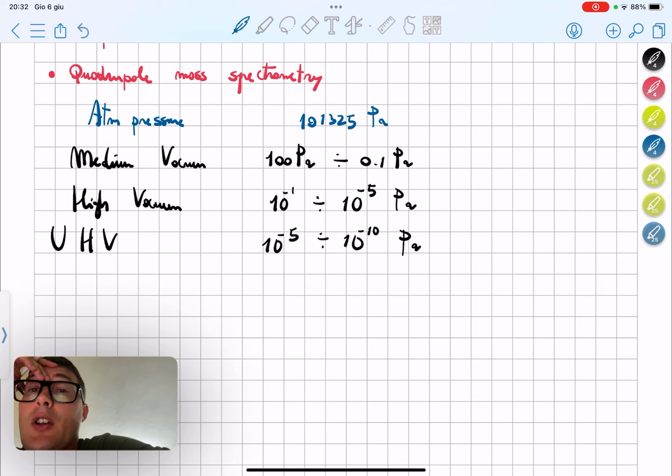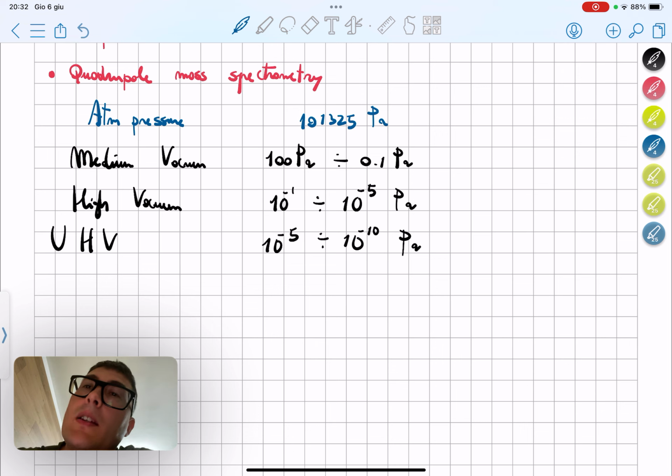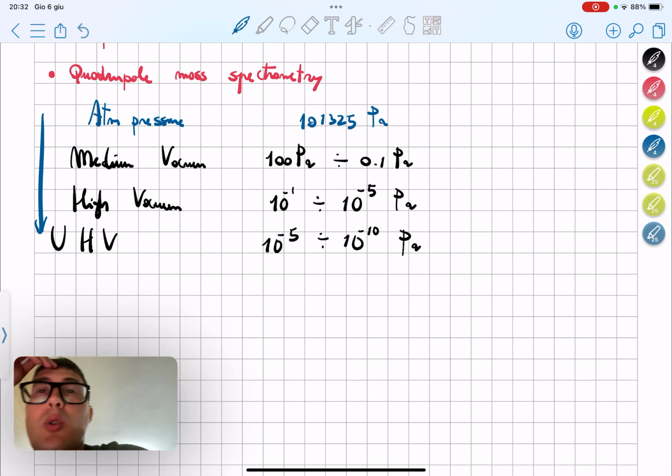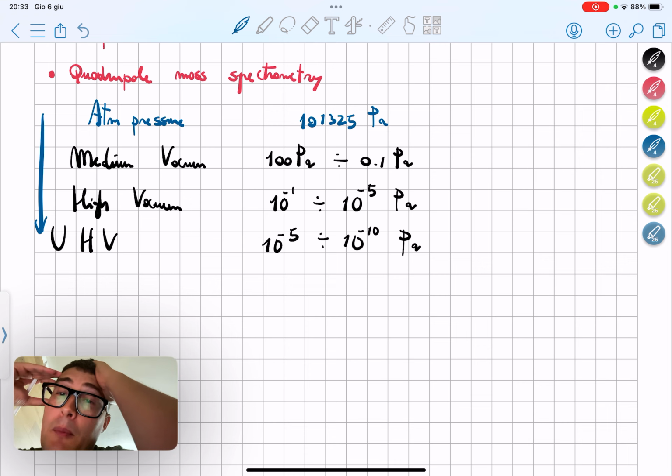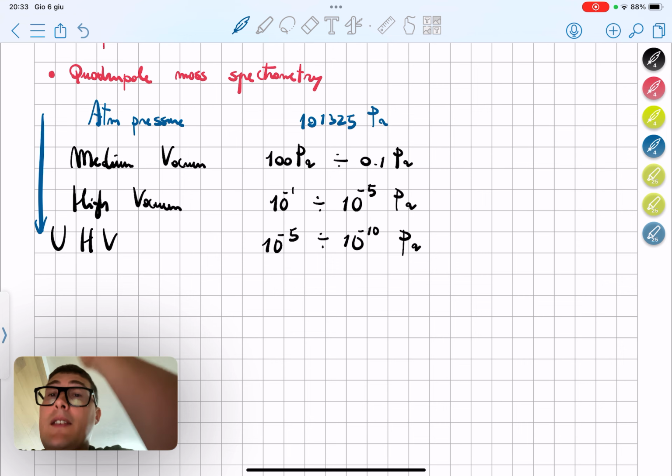And there is no pump that can let us go in a single step from atmospheric pressure to ultra high vacuum. What we need to do is to use a collection of two or more pumps, because the pumps work well in different regimes.